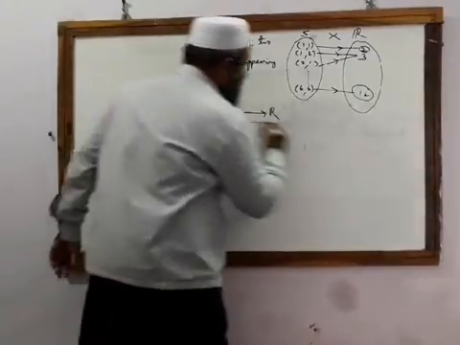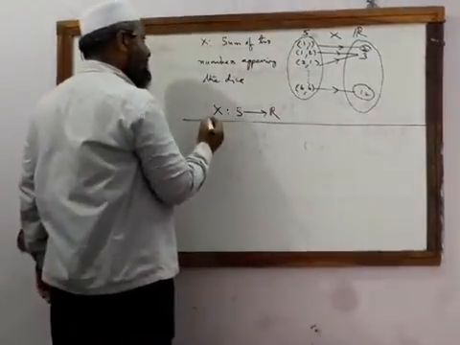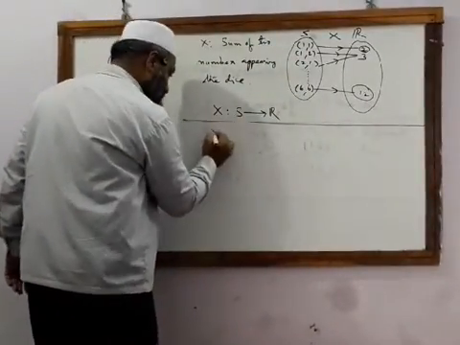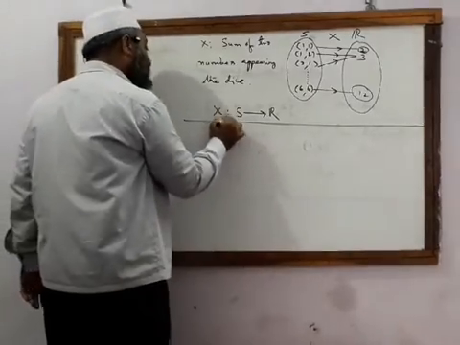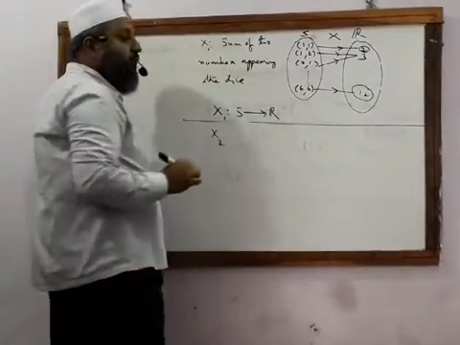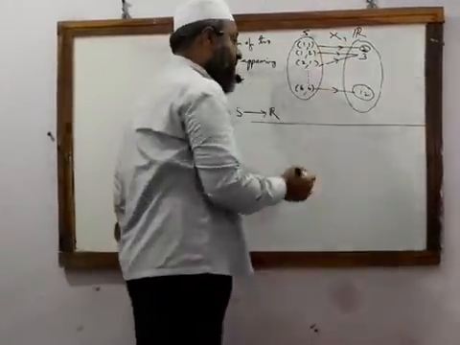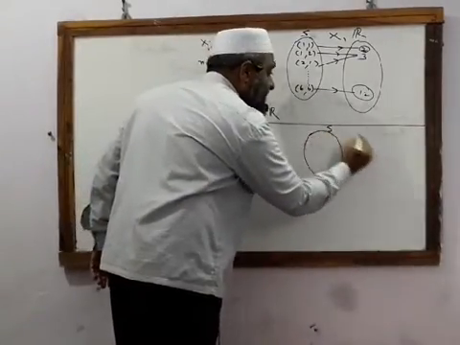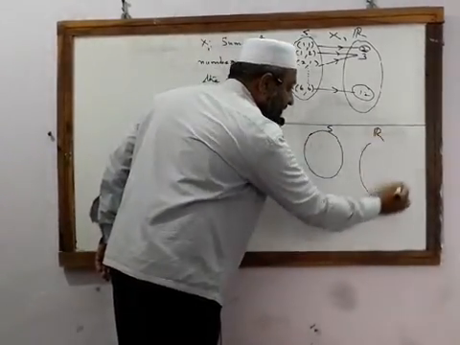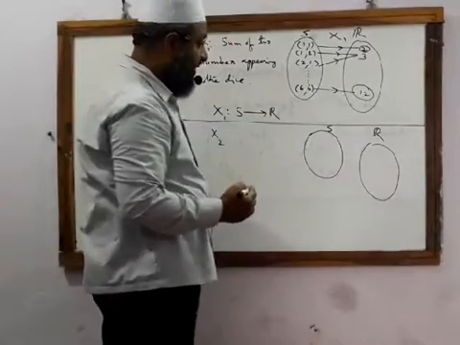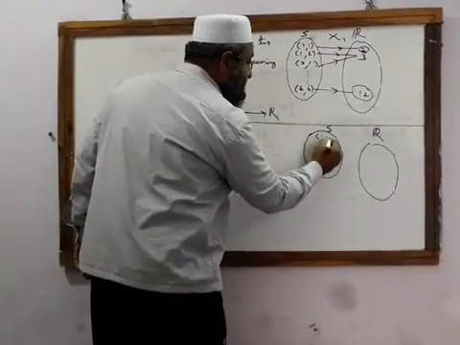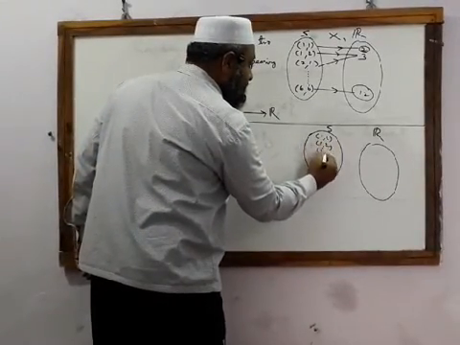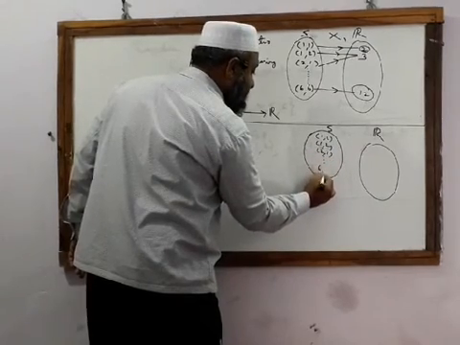Suppose I call this X1. Now this X1 is a function, with the same sample space and that same random experiment of tossing two dice with different colors. I have the same sample space: 1 comma 2, 2 comma 1, so on up to 6 comma 6.